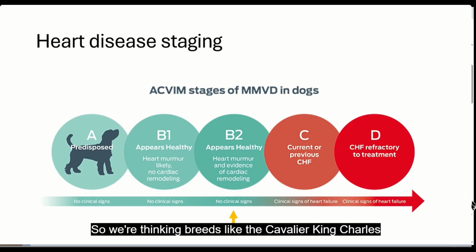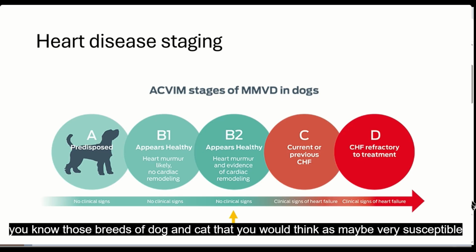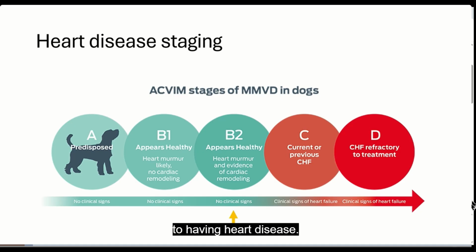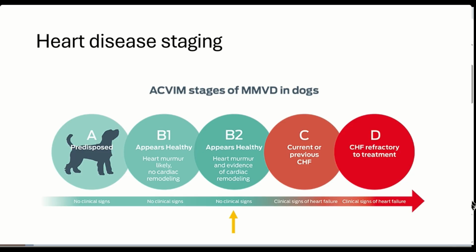So we're thinking breeds like the Cavalier King Charles Spaniel, the Cocker Spaniel, Maine Coon cats, also Dobermans, Great Danes, all those breeds of dog and cat that you would think of as very susceptible to having heart disease. Those are all a stage A, simply by being the breed that they are.